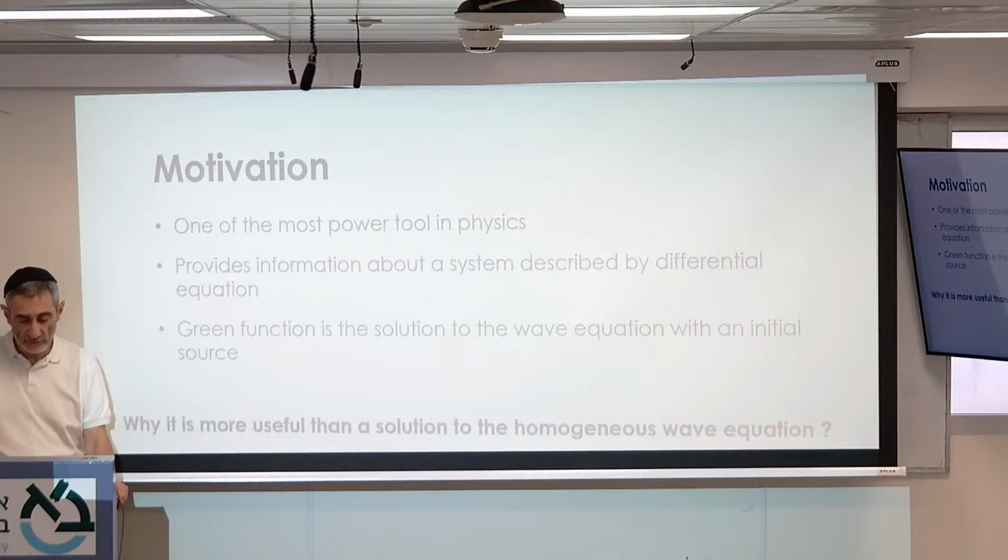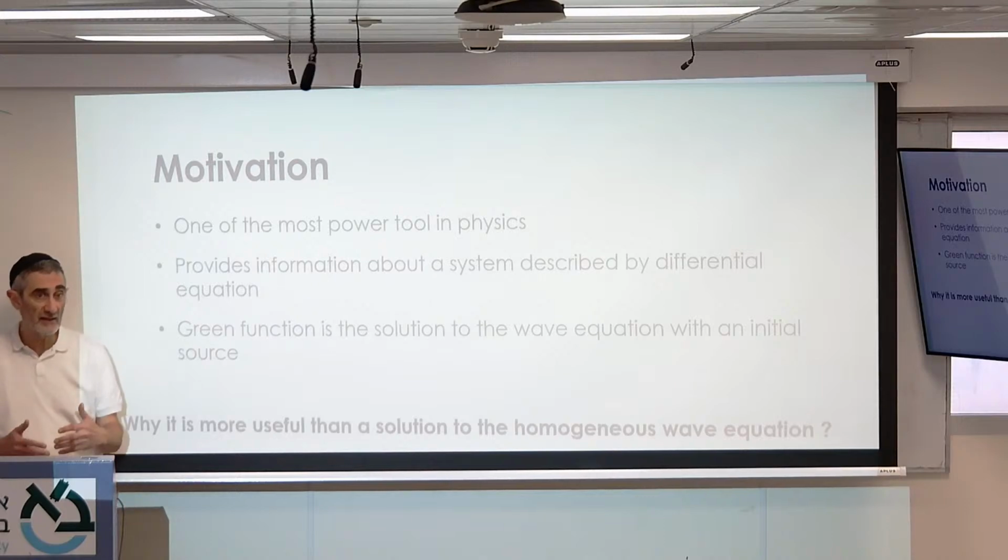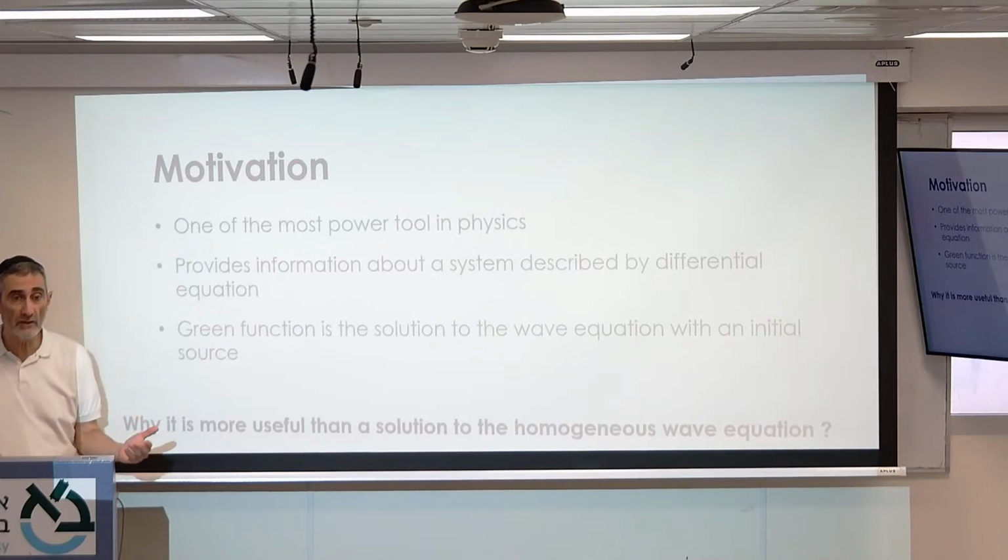So the question is why solving the Green function problem is more interesting and more informative than just solving the wave equation and getting the solution for the E field and the B field. What do we gain here by addressing this question of finding the Green function rather than solving the wave equation?